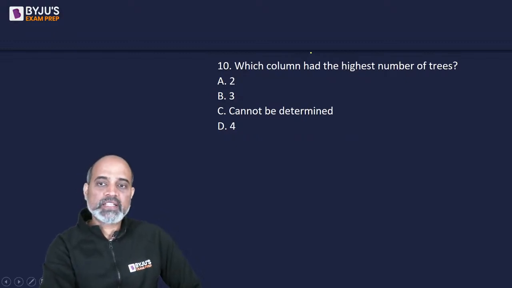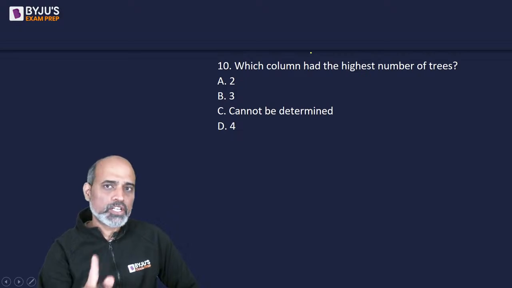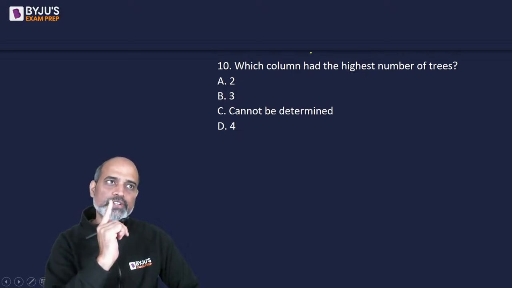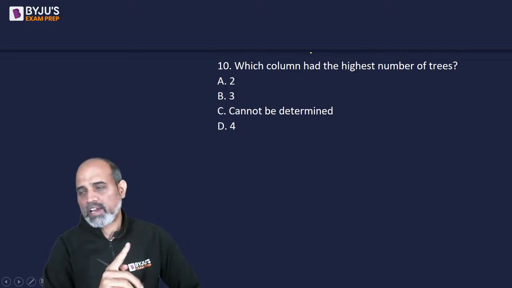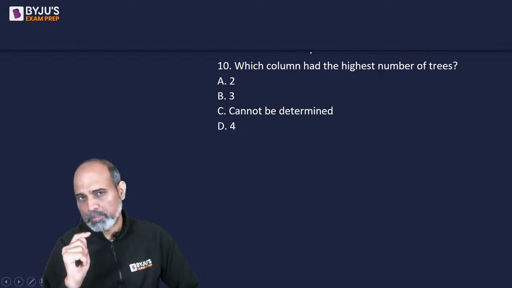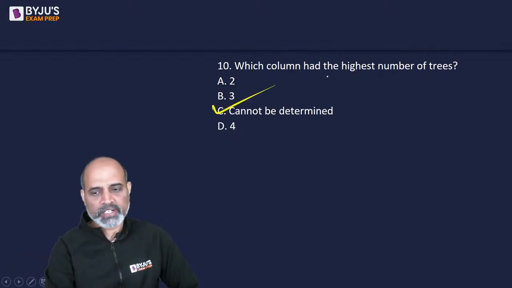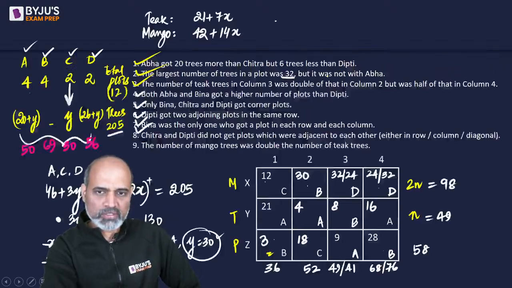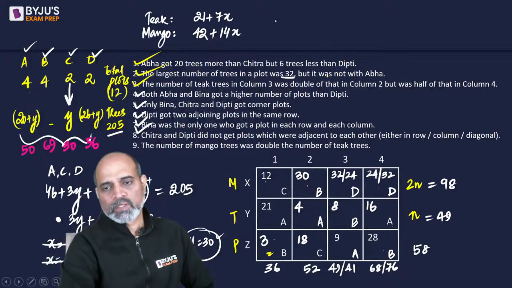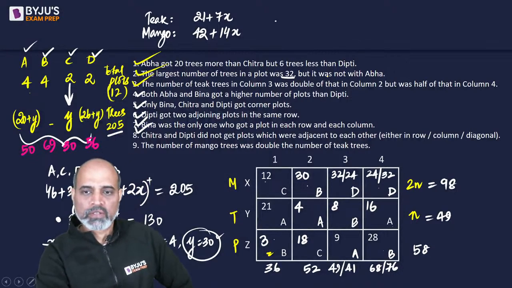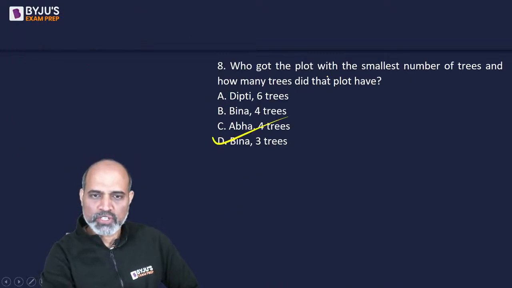Next, which column had the highest number of trees? 32 is the highest and it was given to the plots which Dipti had, and we had 2 possibilities. Remember, the mango one cannot be determined, right? Sorry, what is the question?